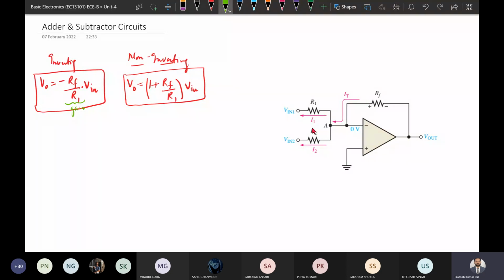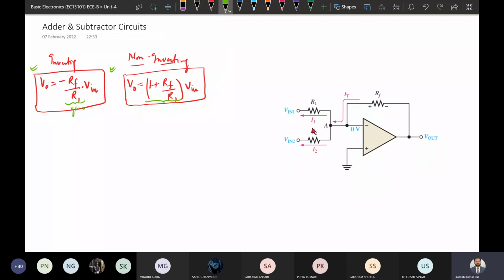Similarly, the gain in case of non-inverting is 1 plus RF by R1. If we take output divided by input, whatever parameter remains will be your gain. Similarly, V output divided by V input will be 1 plus RF by R1, that will be your gain. The similar gain concept will be used further while designing the adder and subtractor circuits.